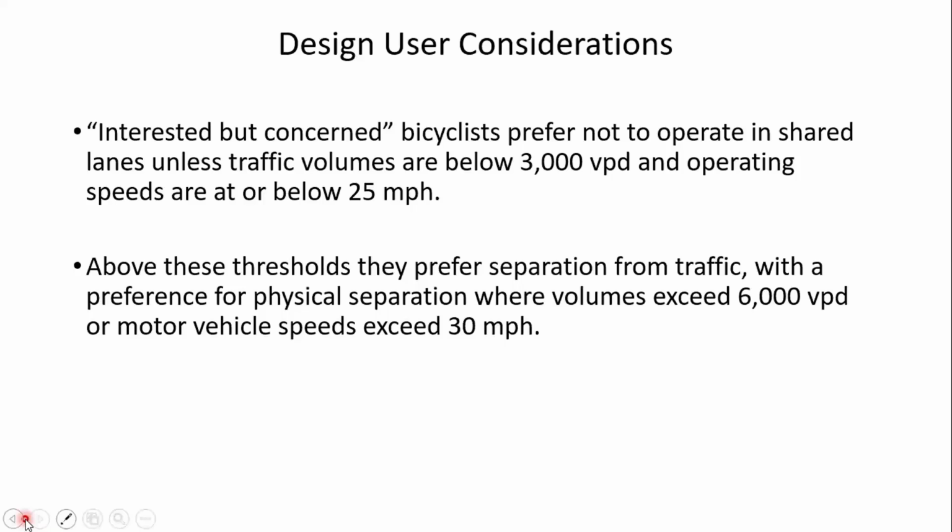If volumes or speeds get above those thresholds, the interested but concerned cyclists prefer separation from traffic, with a preference for physical separation where traffic volumes exceed about 6,000 vehicles per day or motor vehicle speeds exceed about 30 miles per hour.